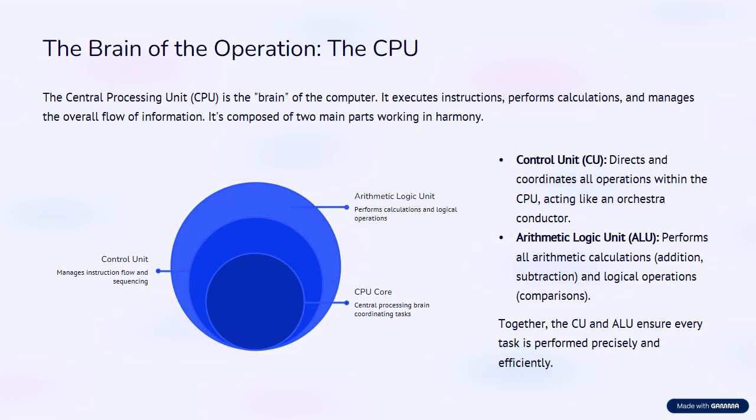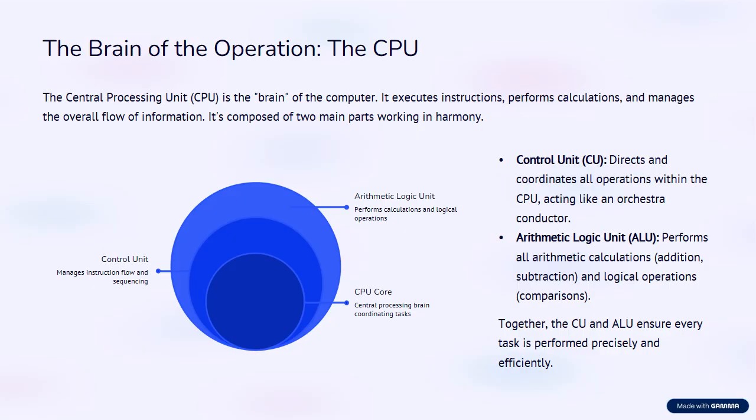The CPU stands for Central Processing Unit. It is known as the brain of the computer because it controls all the operations that are performed in the computer. The CPU has two main parts, the control unit and the arithmetic logic unit. The control unit controls the flow of data between input devices, memory, and output devices. It decides what operations should be performed and in which order.